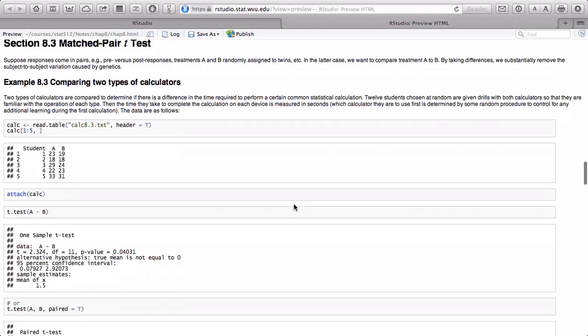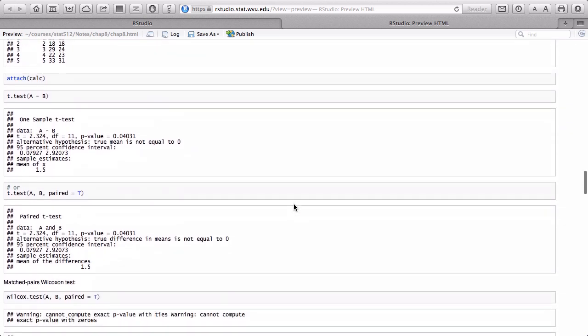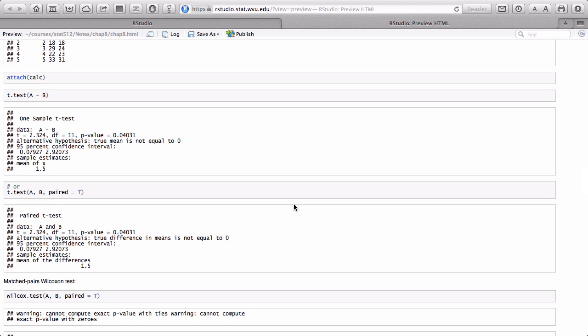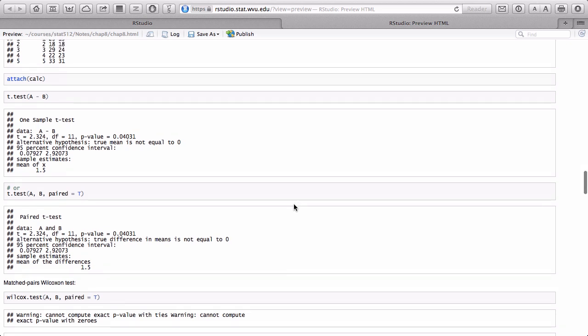If we look at the matched pairs, I actually do this two different ways.